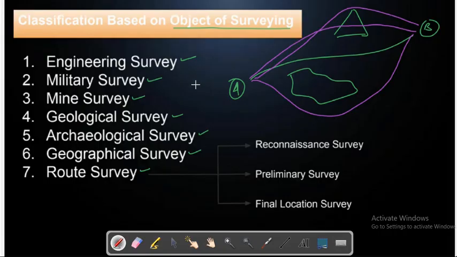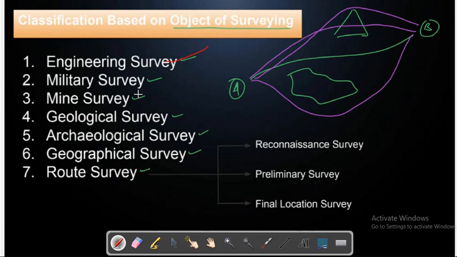Next, the classification based on the object of surveying. There are various types, like engineering survey, which deals with engineering works, using engineering methods, formulas or definite engineering structures. Similarly, military survey, for military works.